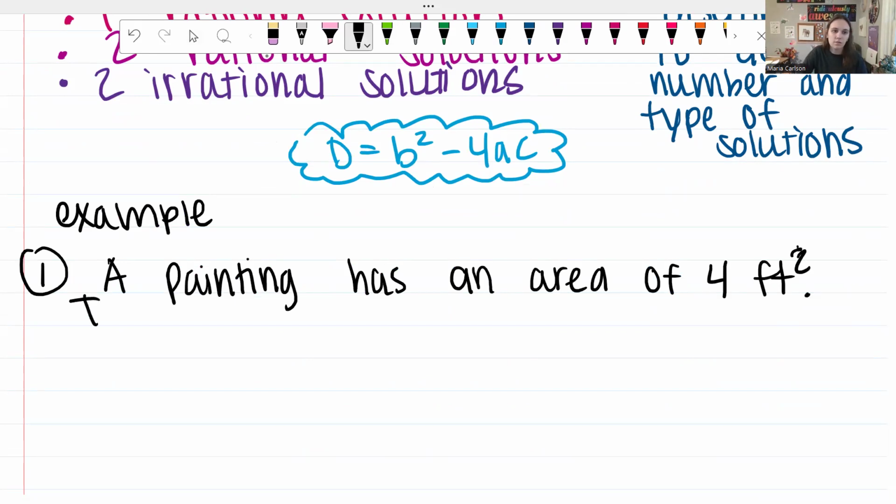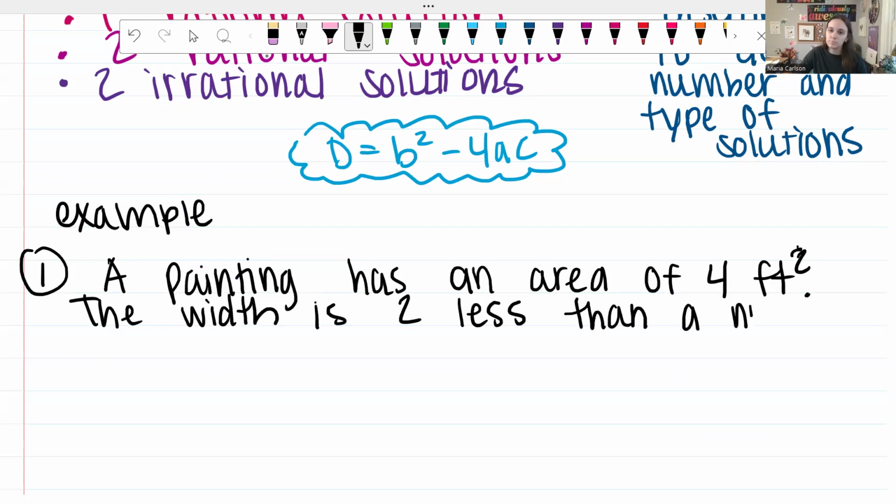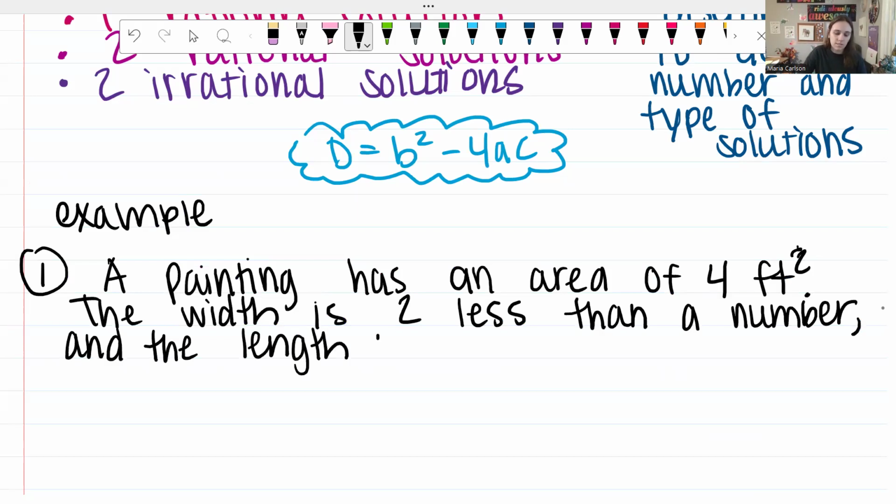The width is 2 less than a number, and the length is that number plus 1.